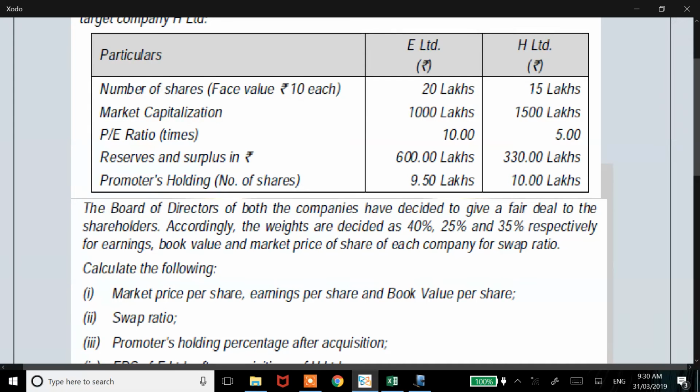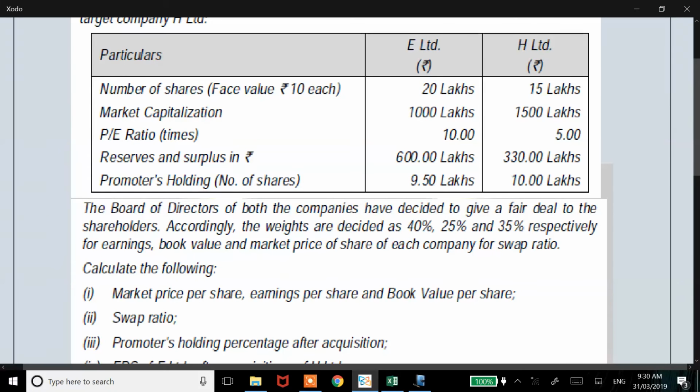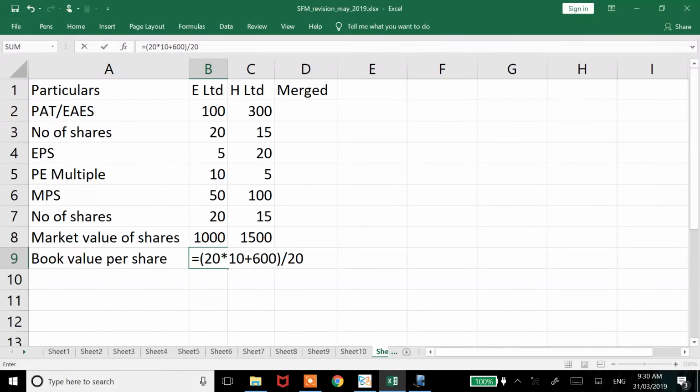Book value per share, which is share capital 20 into 10 plus reserves and surplus 600, divided by number of shares, 20.